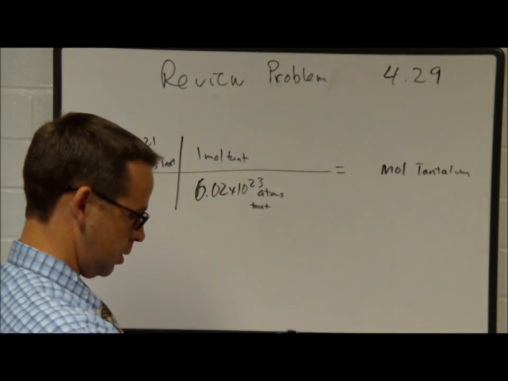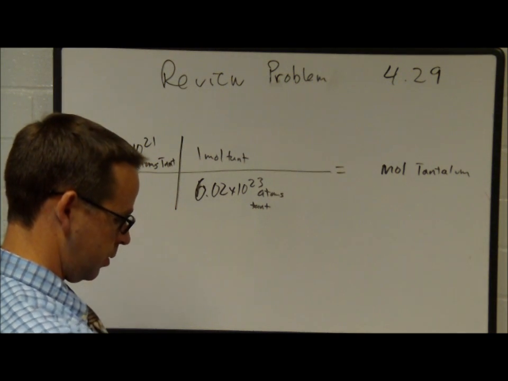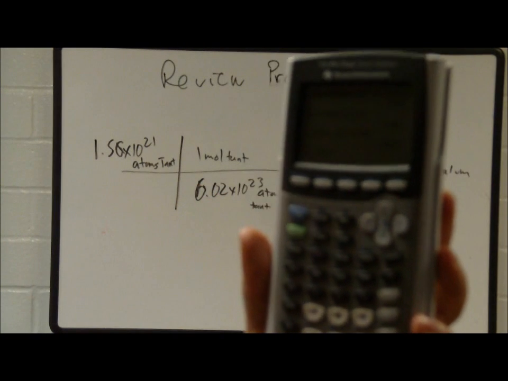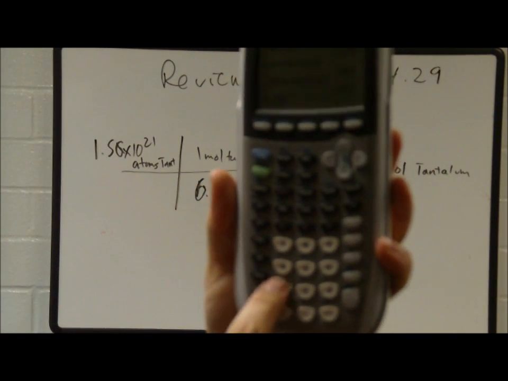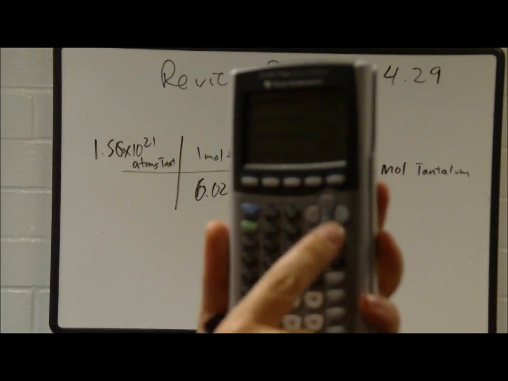1.56 times 10 to the 21. Just in case you don't know how to do this, right? 1.56.